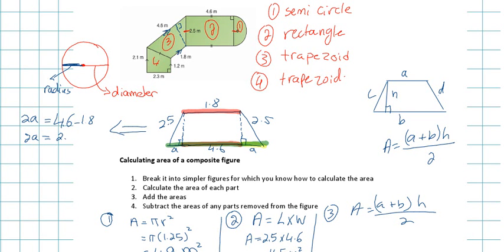So if I want to know what just one of the A's is, divide by 2. Now I know this, and I know this. I'm looking for this side. I have a right angle triangle, so I have to use the Pythagorean theorem.